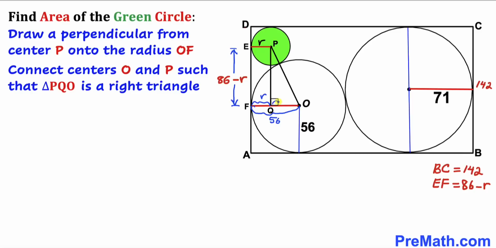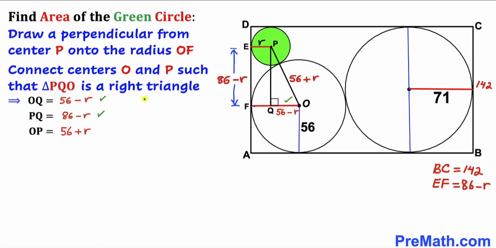So this distance is going to be 56 minus R. Moreover, this is a radius R and this is a radius 56 for the medium circle, so this total distance PO is going to be 56 plus R. Therefore the side lengths for triangle PQO turn out to be OQ is 56 minus R, PQ is 86 minus R, and finally OP is 56 plus R.